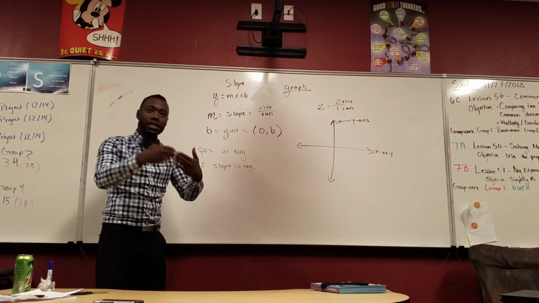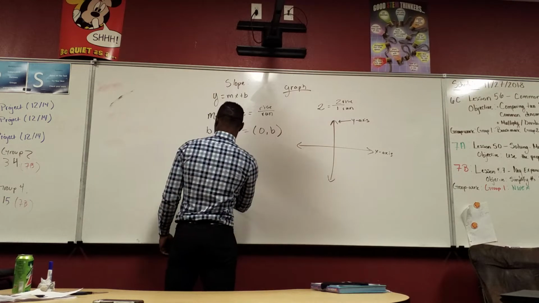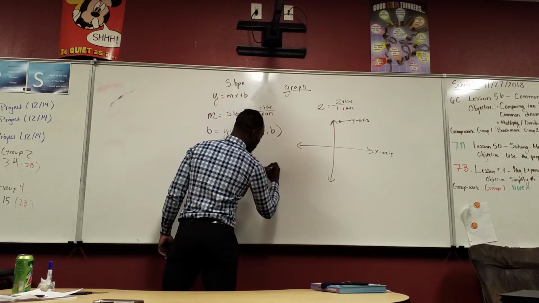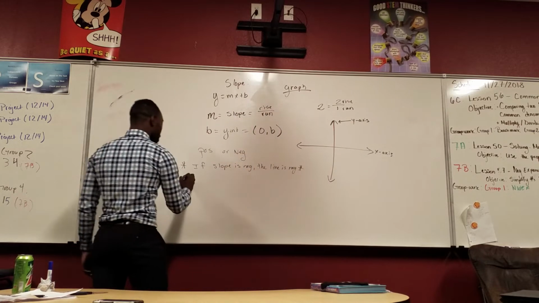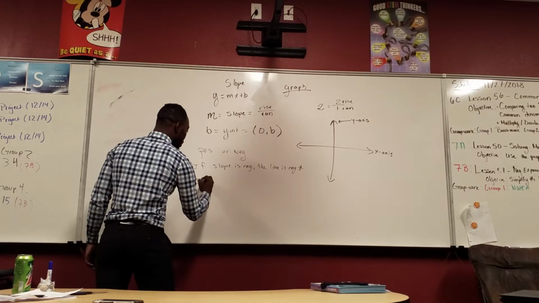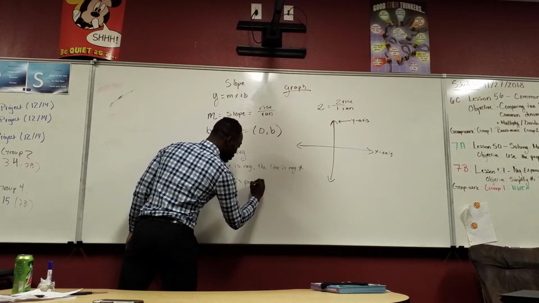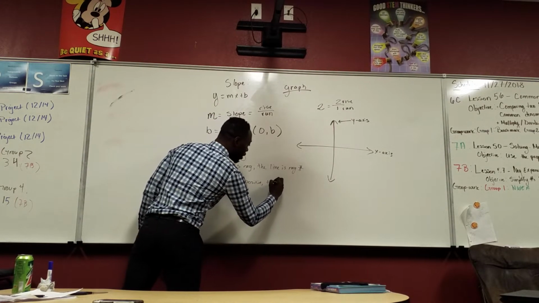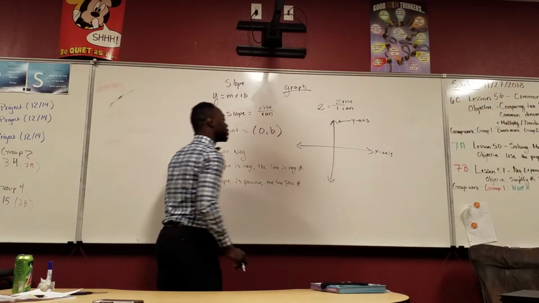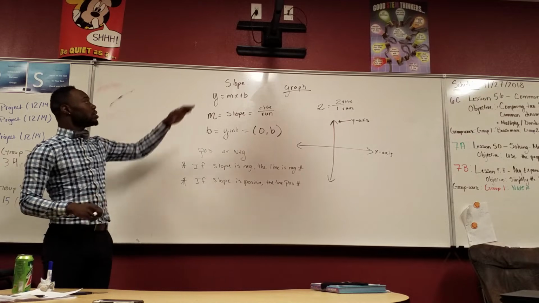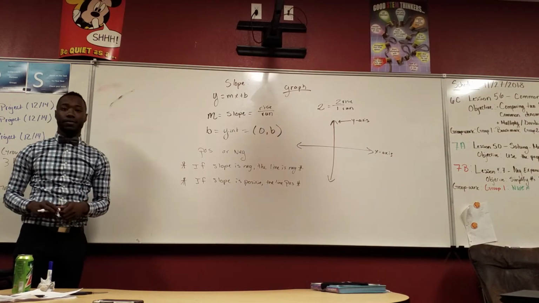If the slope is negative, the line is negative. If the slope is positive, the line is what? Positive. The line is positive. All right? These are the basic foundations that you need to know how to graph.